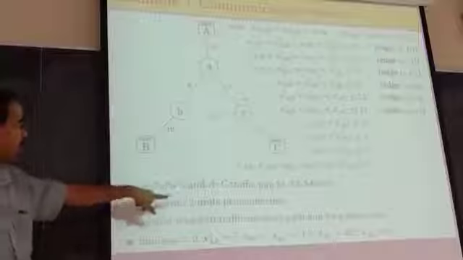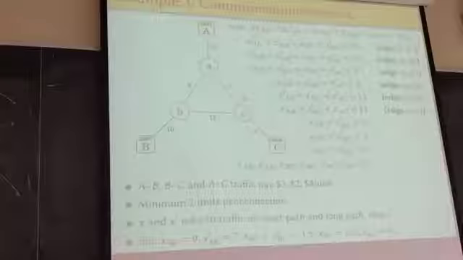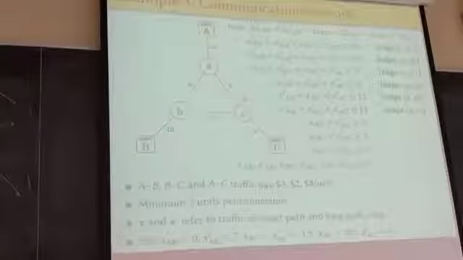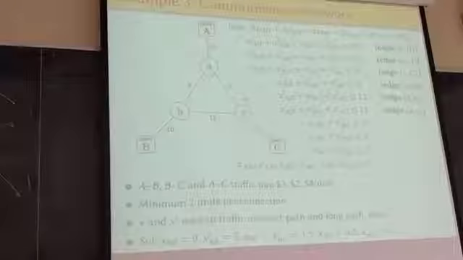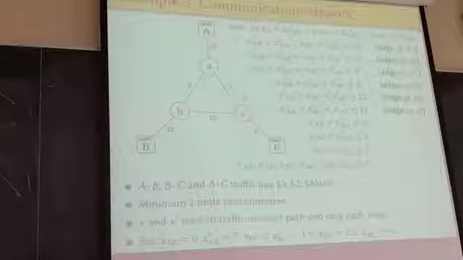For A and B to communicate with each other, they are willing to pay $3 per unit. For B and C, they are willing to pay $2, and for A and C, they are willing to pay $4 per unit of, let's say, per megabit, per megabyte or something like that, right? So that's what they're willing to pay. Okay, and there is a constraint that you cannot have.